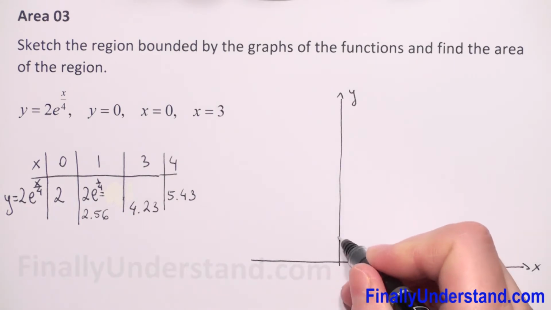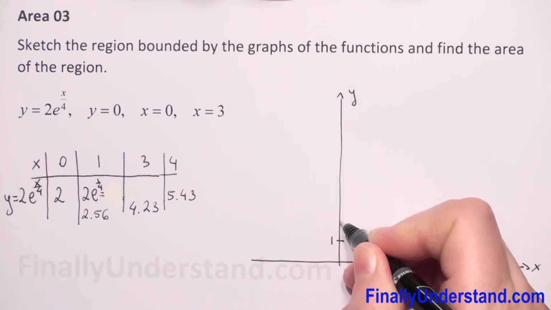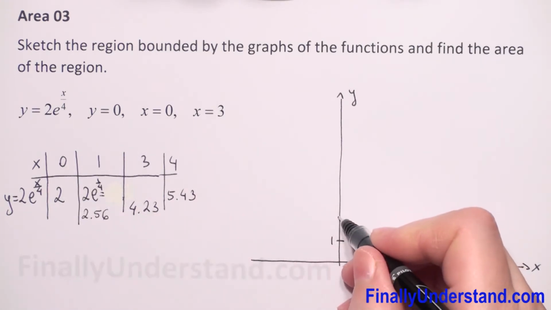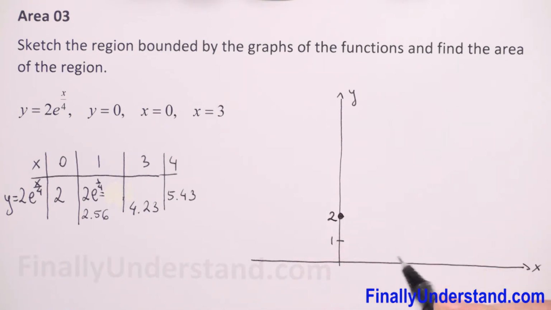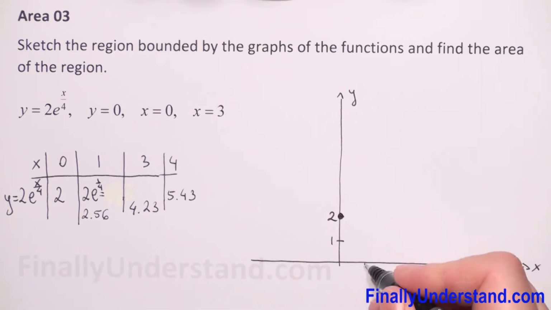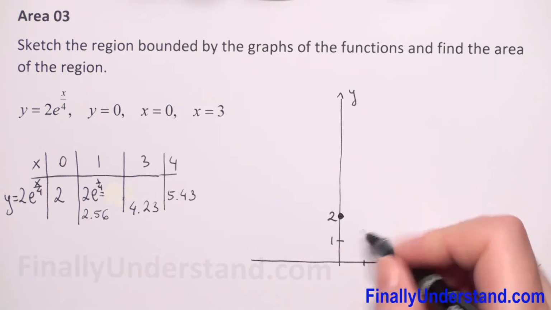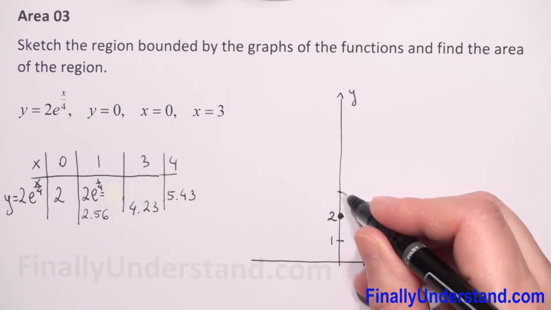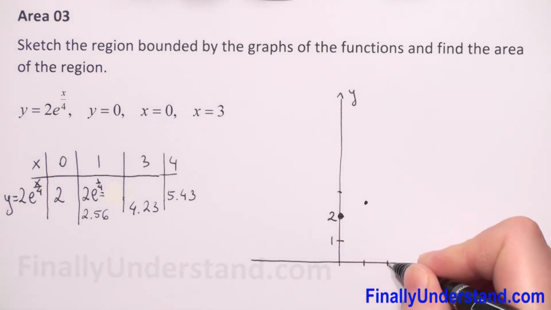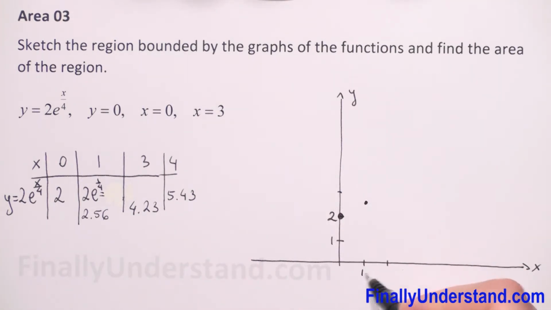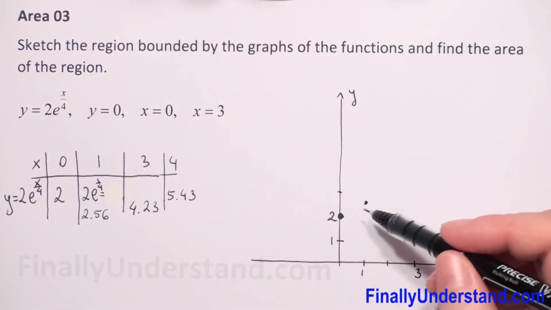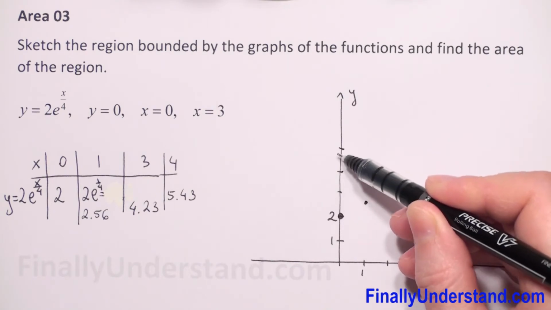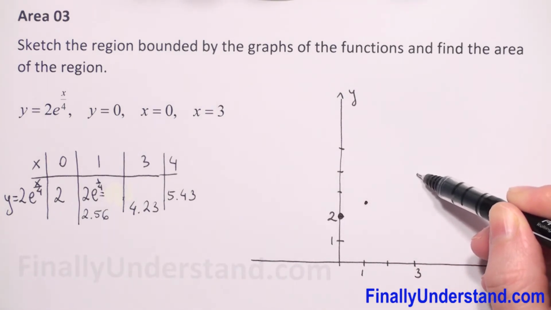For x equals 0 we have value 2. For 1 we have 2.56. Our function is going up. For 3, we have 4.23, approximately here.